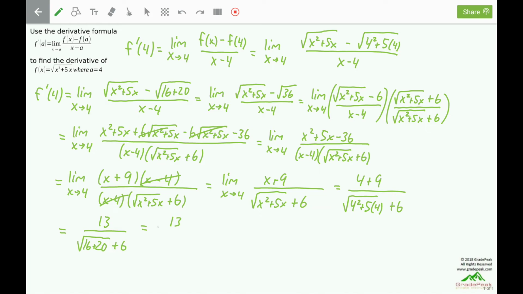So we have 13 divided by the square root of 36 plus 6. 13 divided by 6 plus 6, or 13 over 12. This represents f prime of 4. F prime of 4 means the derivative of f of x, evaluated at an x value of 4.